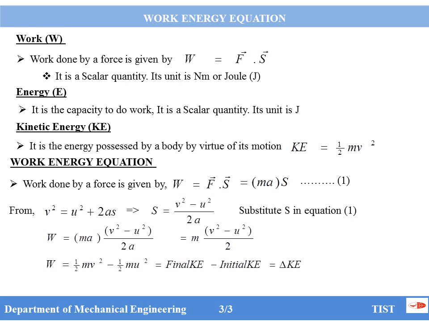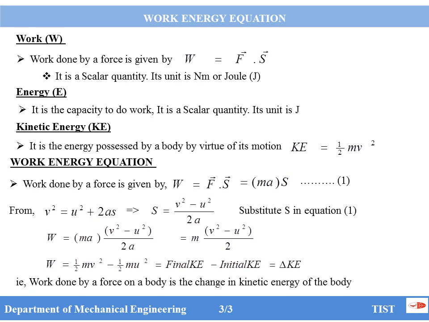Change in any quantity is the final value of that quantity minus the initial value. So that equation, the work done by a force on a body is the change in kinetic energy of the body, is called the work energy equation. So equation 2 is called the work energy equation.